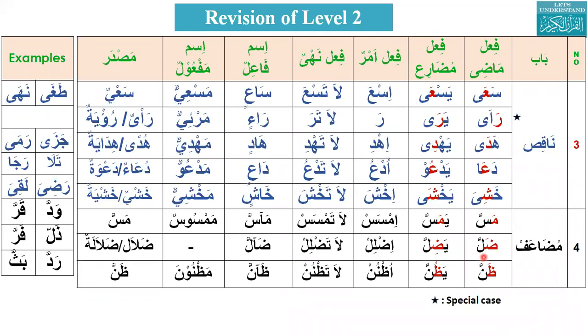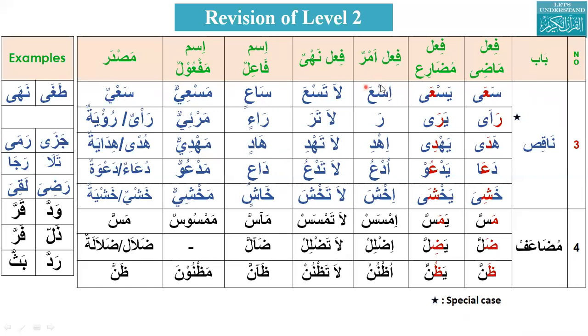And what about Dalla? What is the fa'il? Dal. What is the plural of Dal? Dalun and Dalin. Why does it have no maf'ul? Because Dalla, he went astray by himself. And the last case is Zanna, Yazunnu.